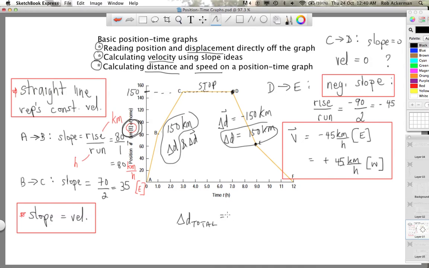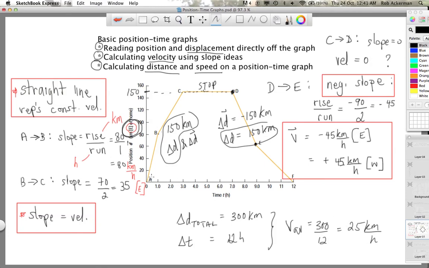We add up the total path length to give us 300 kilometers, 150 plus 150. Of course, the total time for the trip is 12 hours. And from this, you can calculate the average speed, which of course 300 over 12 is going to give us 25 kilometers per hour.